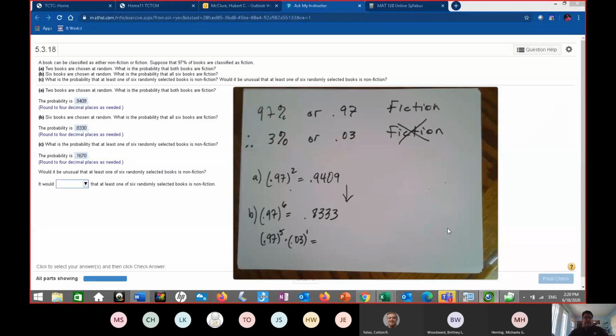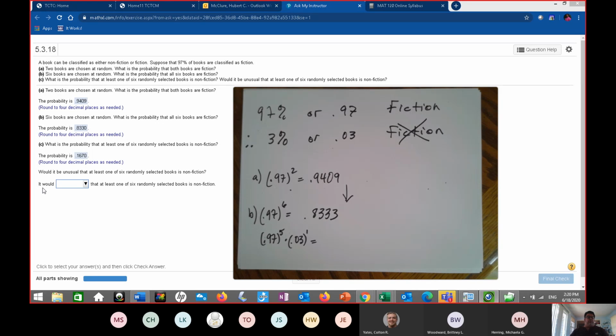Then that's what the question says. It says, what is the probability that at least 1 of 6? So that means the other 5 are fiction. That's where I got the 5 and the 1. At least 1 of 6. And I did 0.97 to the 5th times 0.03 to the first. That's it.